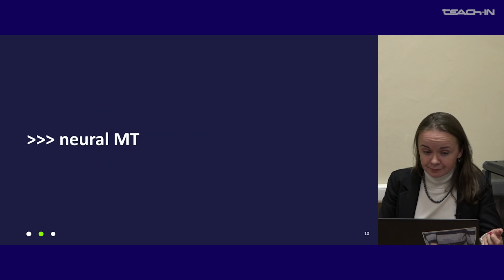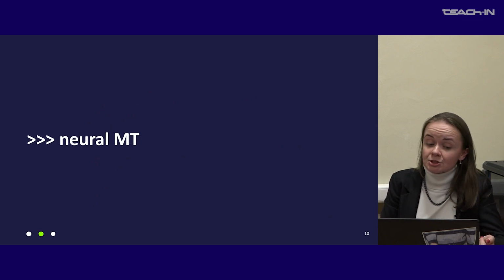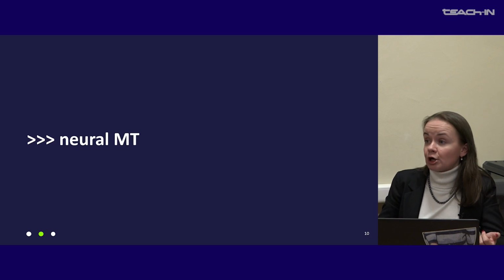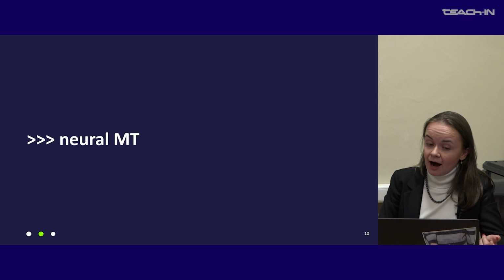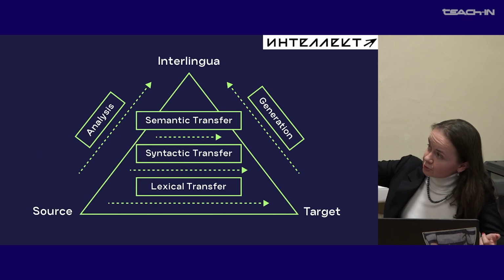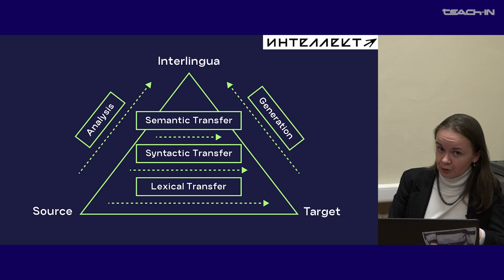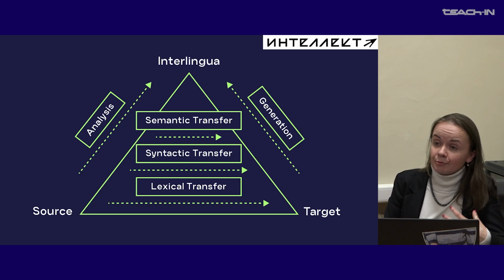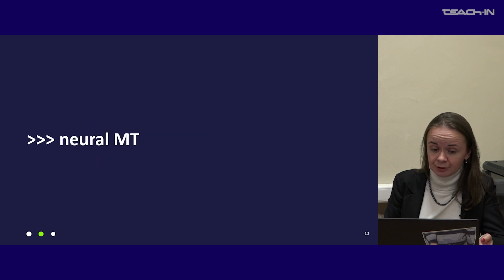So the chief difference of neural translation in comparison to its predecessors is that it works, first of all, with the whole text, not just a word or phrase, and it analyzes the input, translating it into the transfer language and then generating something in the target language not just based on the examples from the corpus or on the rules, but analyzing the context on different levels for different ambiguities.